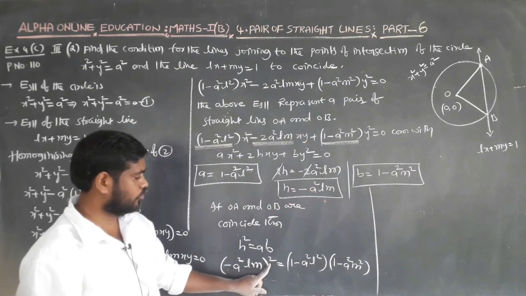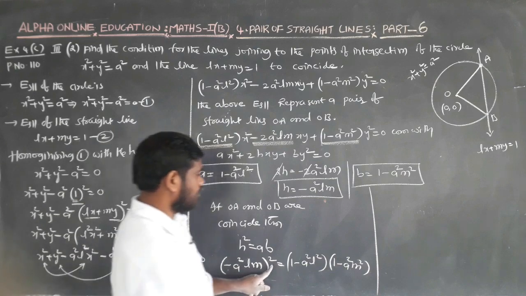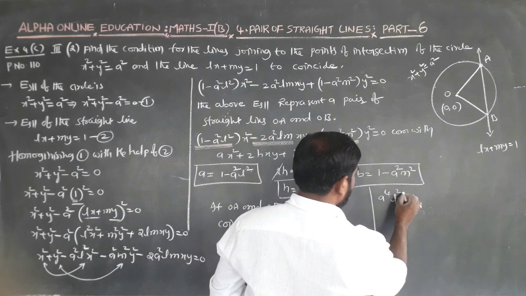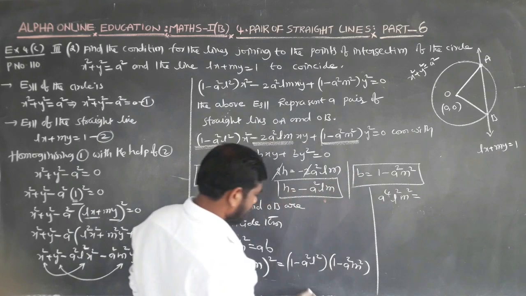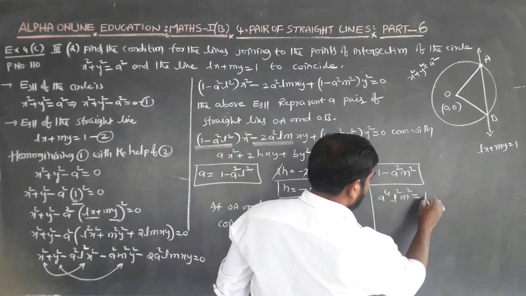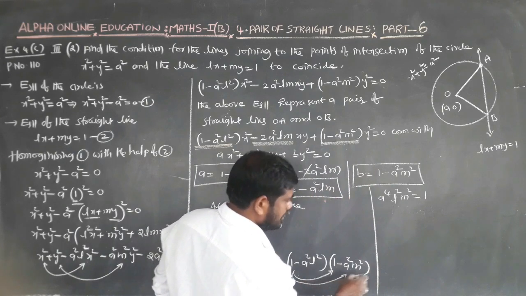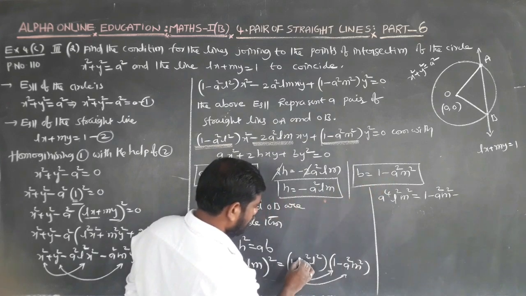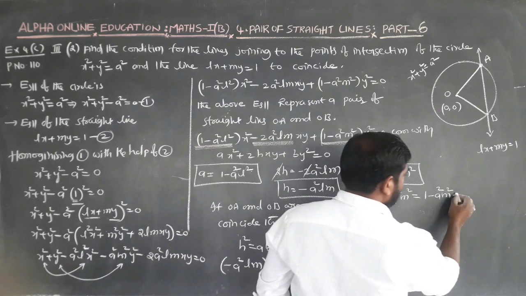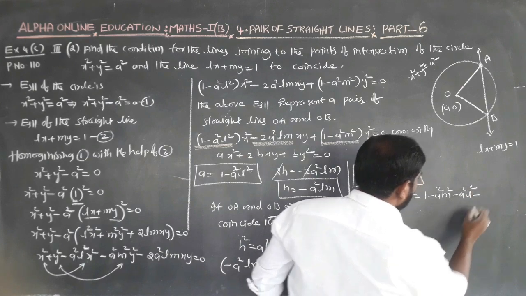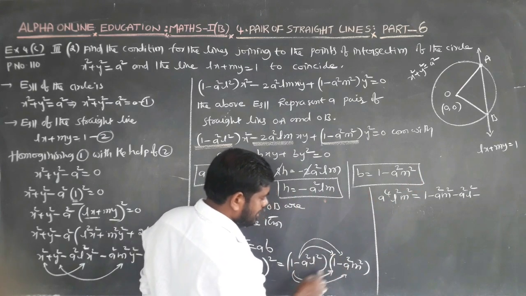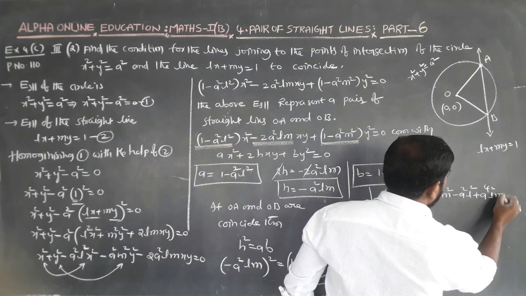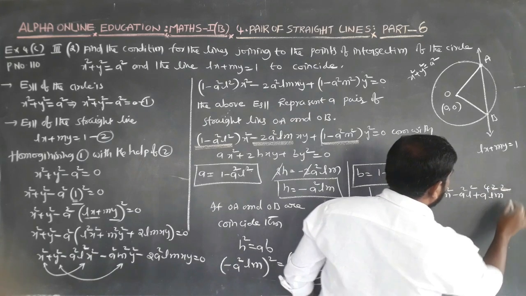Simplifying: a power 4 l square m square equals 1 into 1, minus a square m square, minus a square l square, plus a power 4 l square m square.